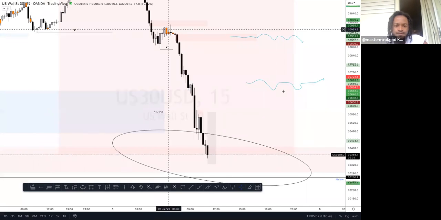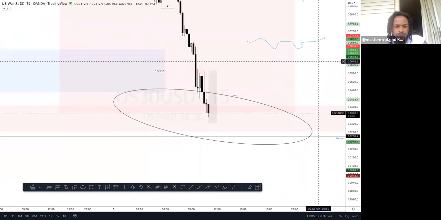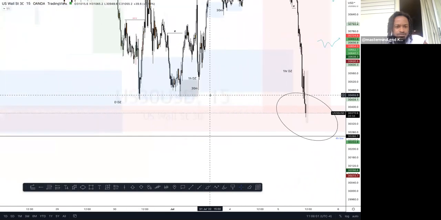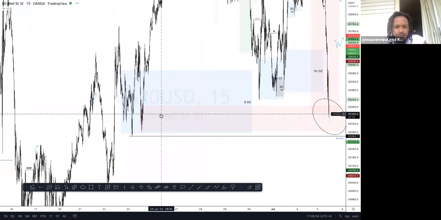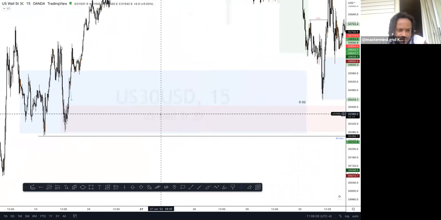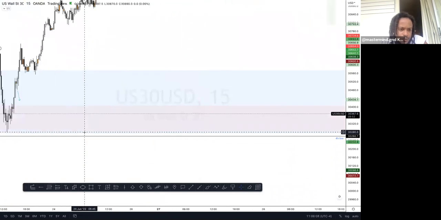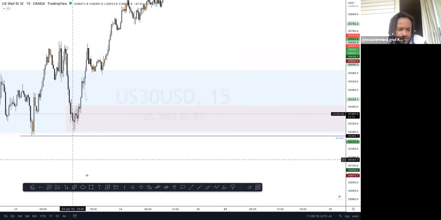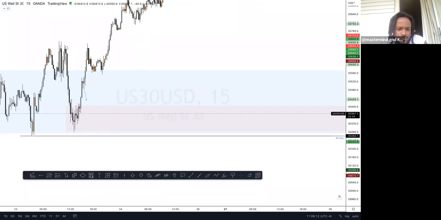Okay, so we know that this is a 15-minute zone. This is the nested zone within the 4-hour zone.